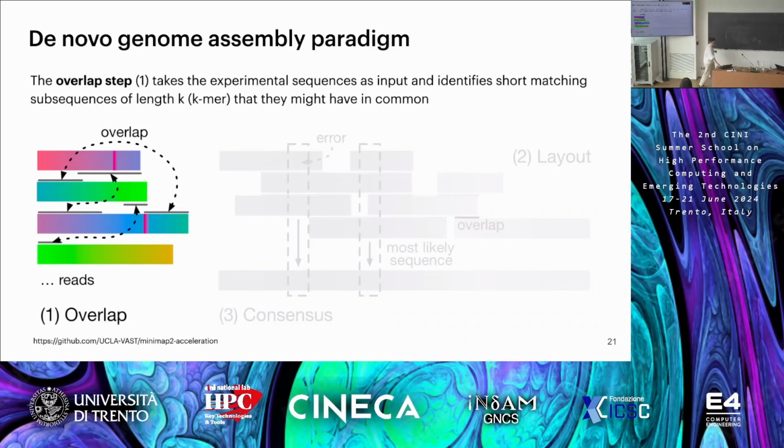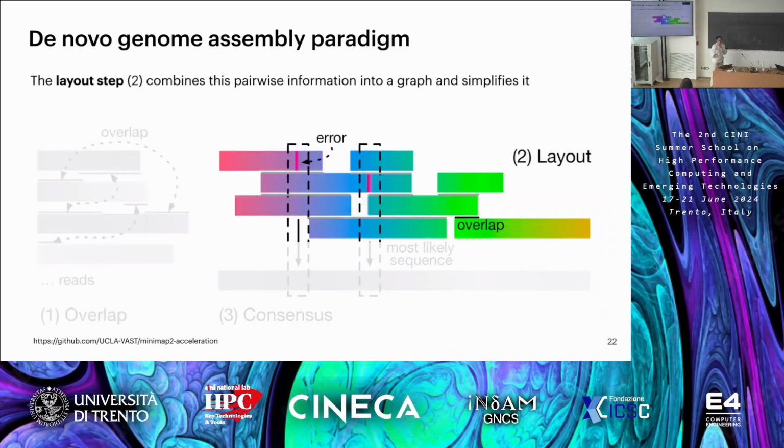But once we have all this pairwise information, we actually want to look at it from a global graph perspective. Now we have all these sequences connected with each other through edges, and we want to simplify this graph as much as we can. There will be some transitive relationships between the sequences, right?